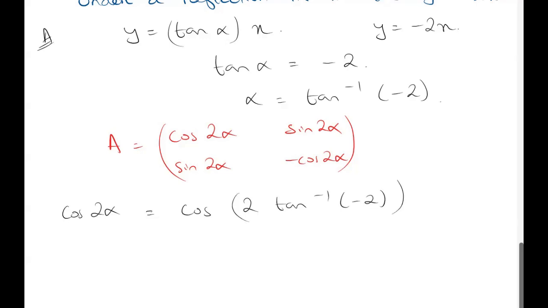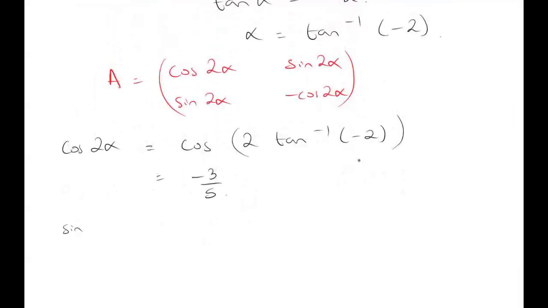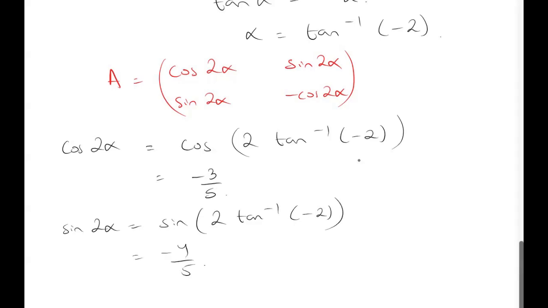Using our graphic calculator, we can find that cos 2 alpha is minus 3 by 5. Similarly, sin 2 alpha will be sin of 2 times tan inverse of minus 2, which gives me minus 4 by 5. So my transformation matrix looks like this: minus 3 by 5, minus 4 by 5, minus 4 by 5, and 3 by 5.